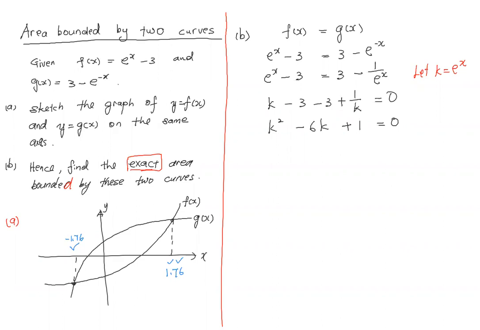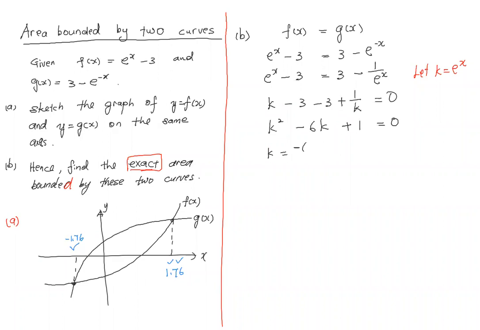Since the question said exact value, if I use my graphic scientific calculator, I will get 1.76, negative 1.76. Am I right? So I have no choice but to go back to the quadratic formula.